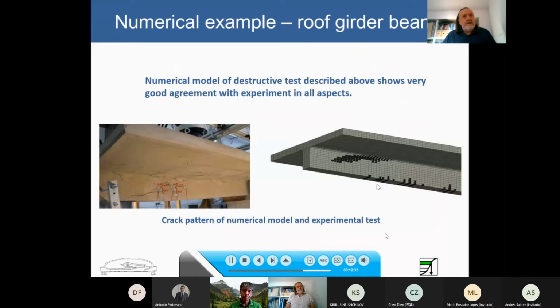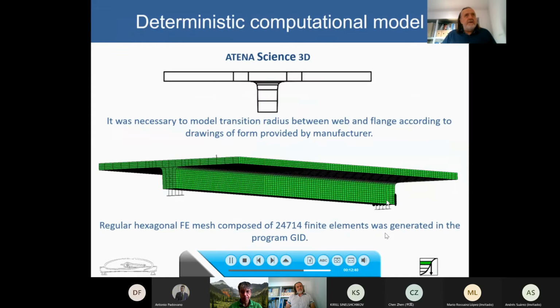And on the right side, you can see a numerical model, which has been developed in finite element program Athena. It was not so easy. Actually, the mesh comprises almost 25,000 finite elements, and because it was nonlinear, it takes really a lot of time to calculate one simulation, about 4-5 hours, right?